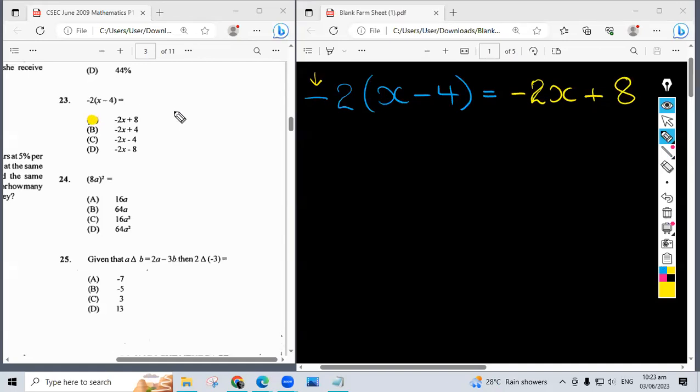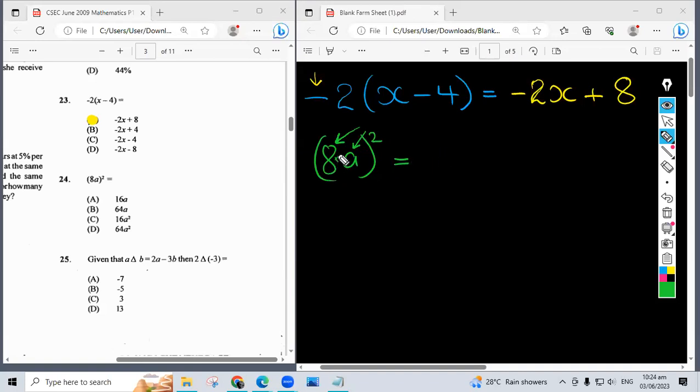All right. Number 24, it is 8a in brackets squared. Now, the 8 and the a are being multiplied. This means the a gets squared and the 8 gets squared also.